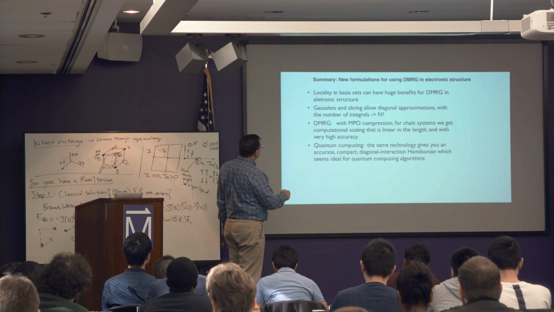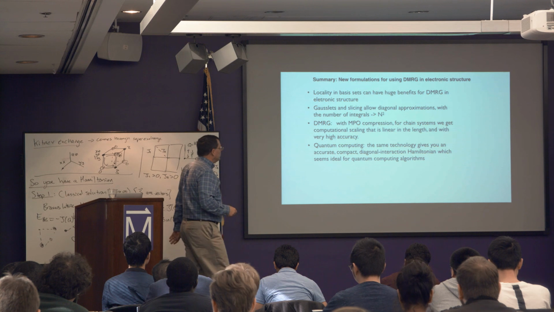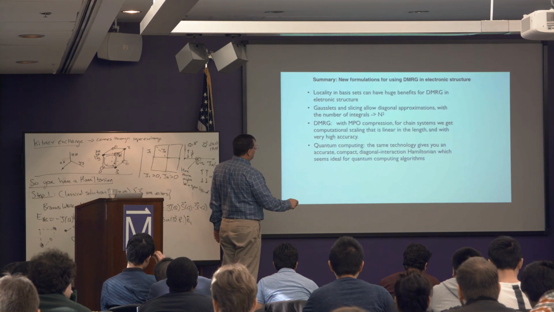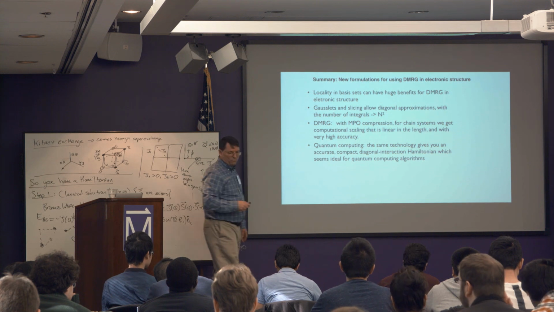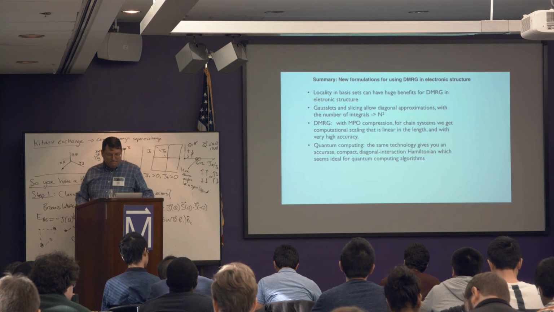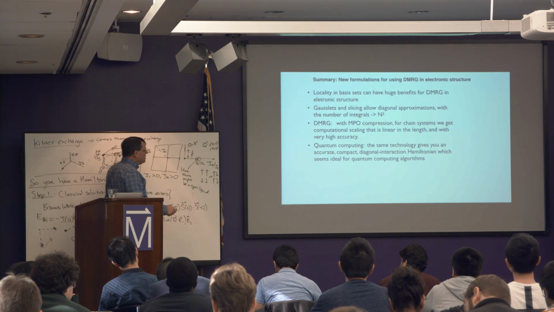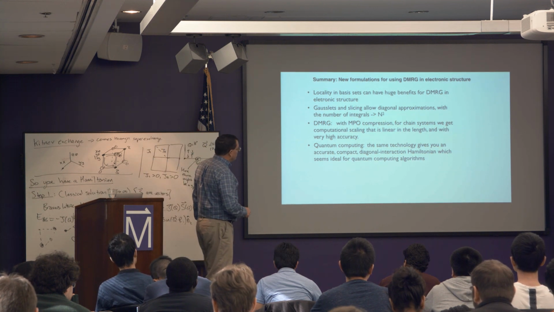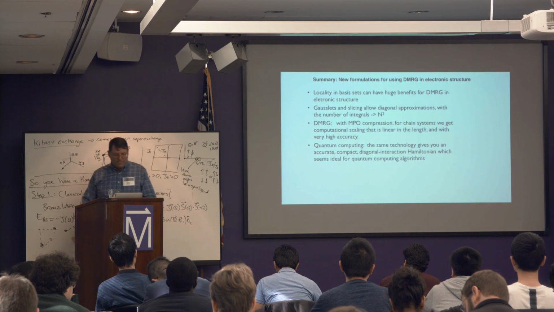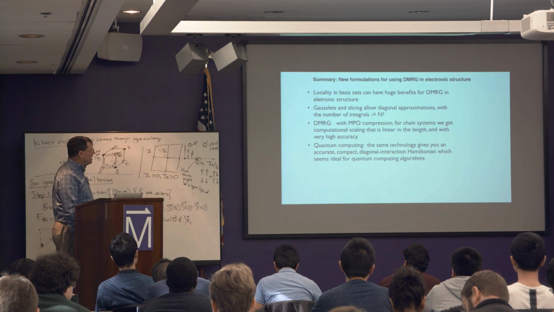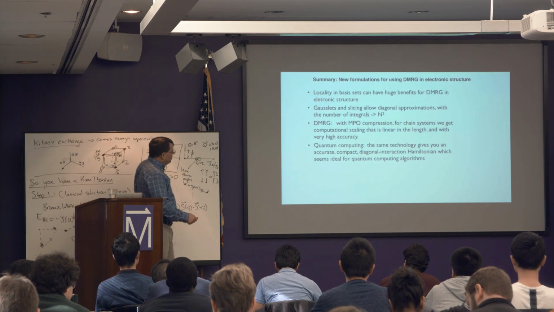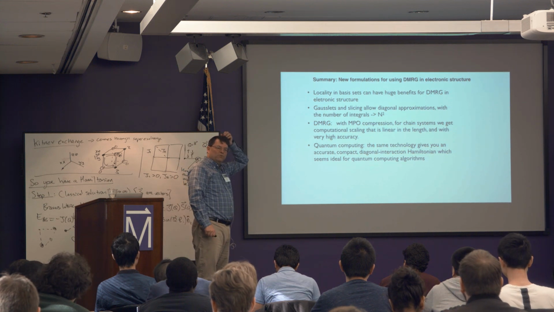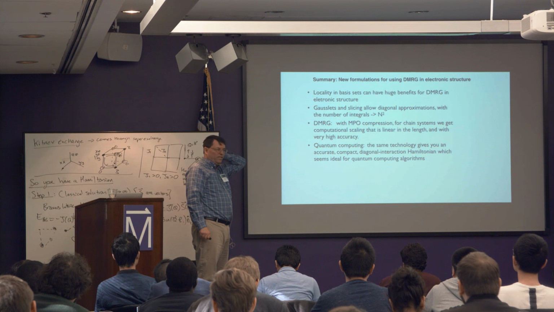And so this new way of doing it using wavelet technology and this diagonal approximation is crucial. This drastically improves the scaling. So for these chain systems, we get a computational scaling that's linear in the number of atoms with very high accuracy. And one thing I didn't mention is that along the way, we started talking to some people from Google interested in quantum computing.